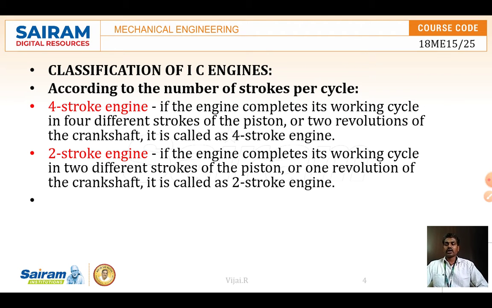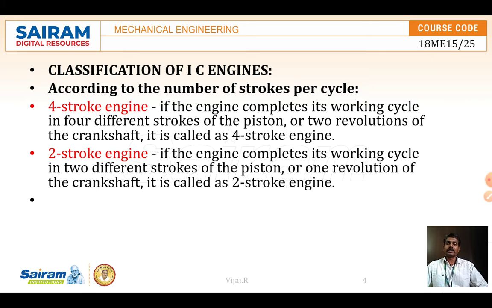Here there are two different engines according to the strokes per cycle. One cycle consists of, what is a cycle? The fuel is taken in and burnt, and it expands, then it gives pressure to the piston. After that, exhaust.